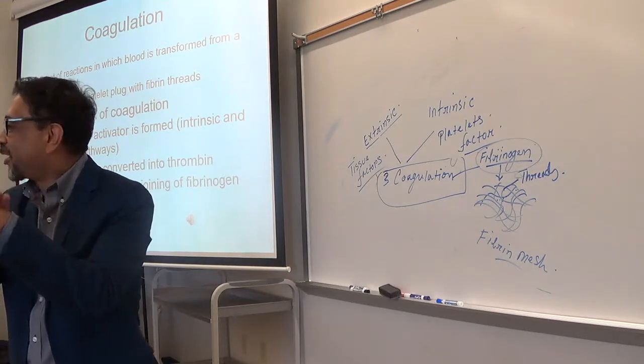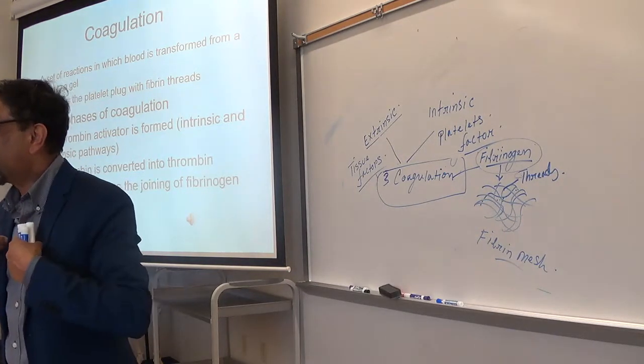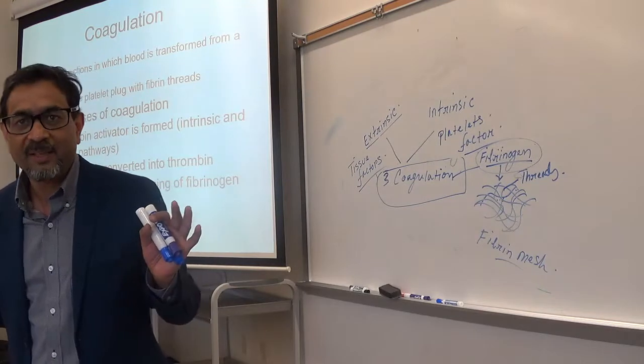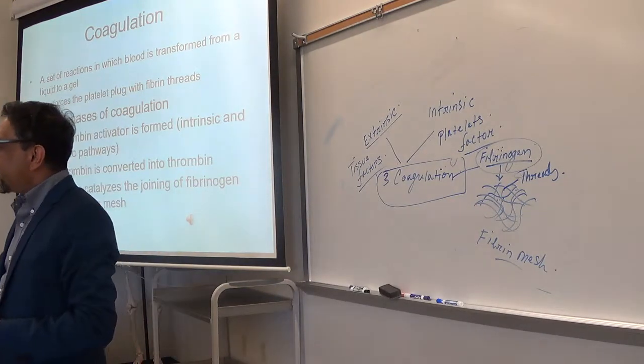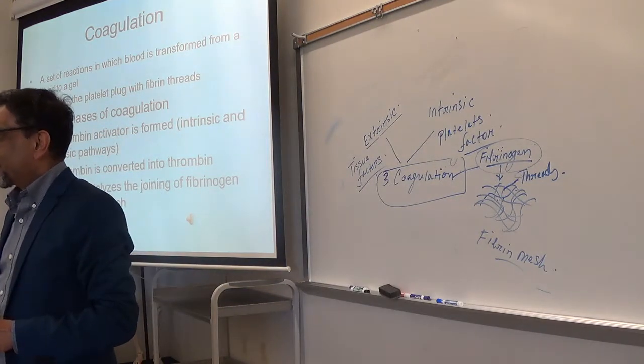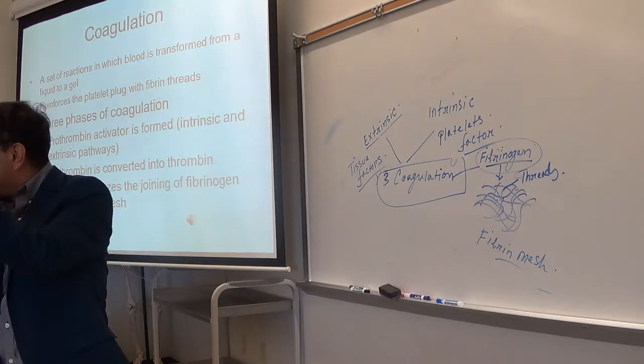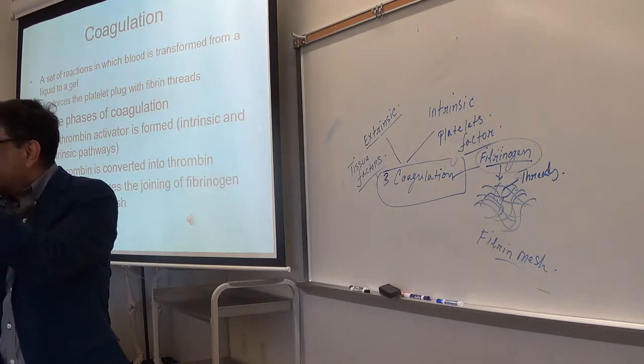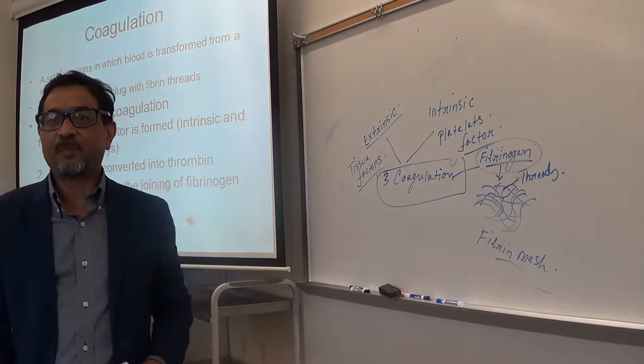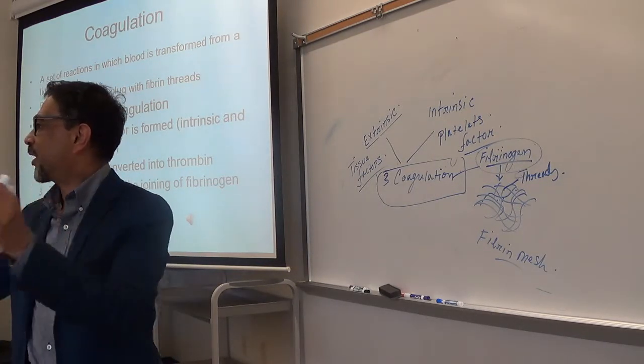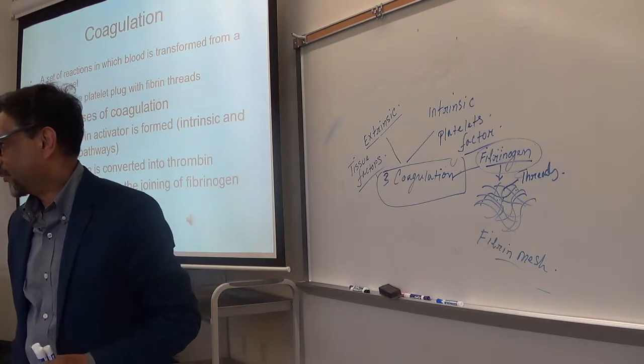Without any external injury. Blood clot can occur inside the blood vessel, right? So that will be intrinsic or extrinsic? Intrinsic, because no external tissue injury, right? That is intrinsic pathway. Okay? Platelets release certain chemicals and that will form the blood clot.